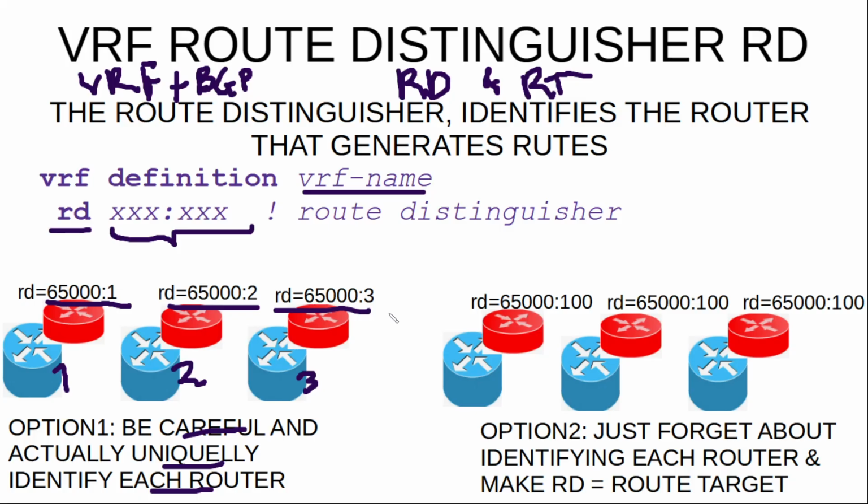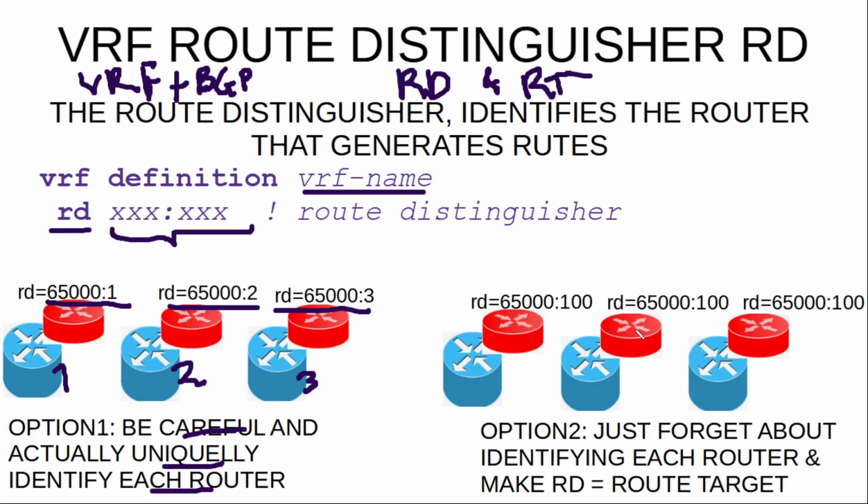So you have to be really careful, and you have to have a really good level of control in order to assign your route distinguishers. This is one way of doing it. Some network designers say, you know what, I don't really think that using the route distinguisher to identify each router is going to generate a lot of advantages for my network operation.